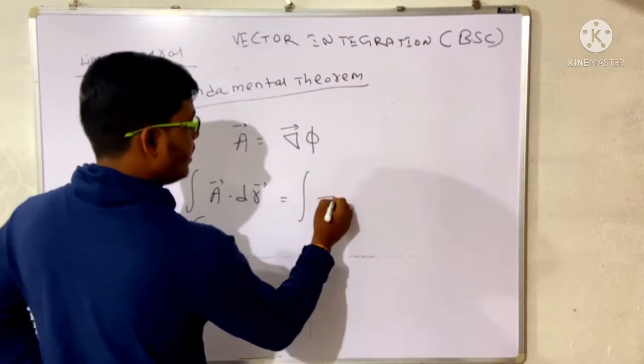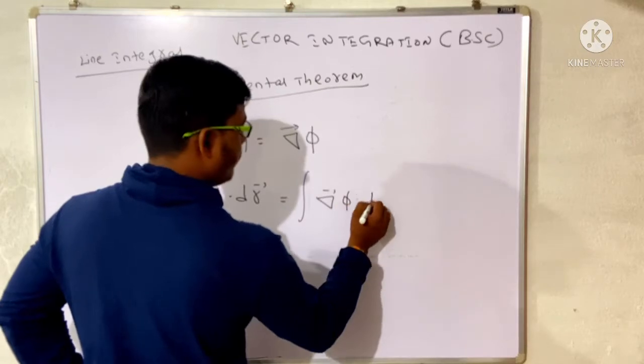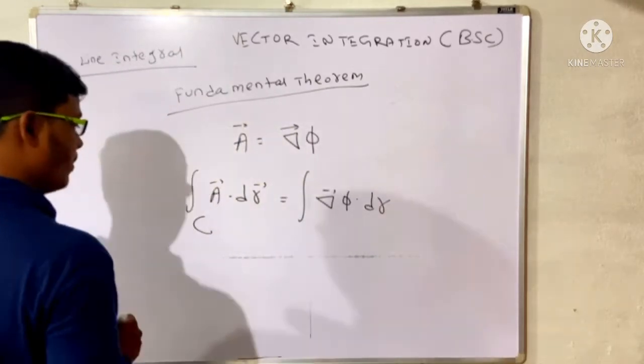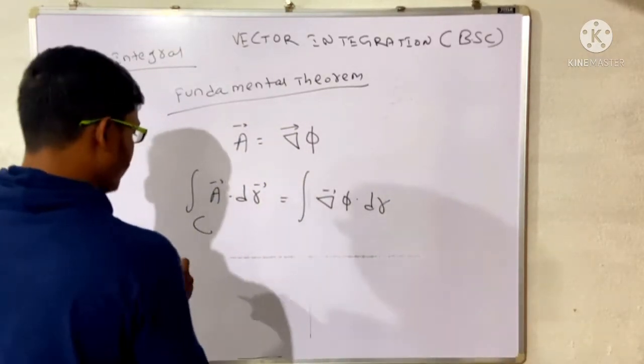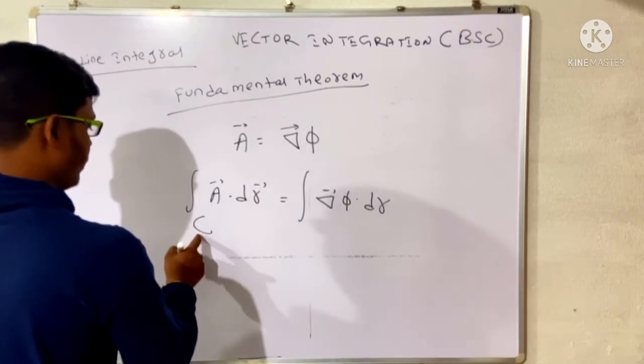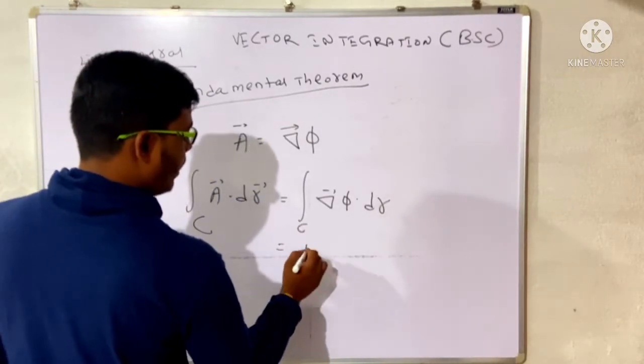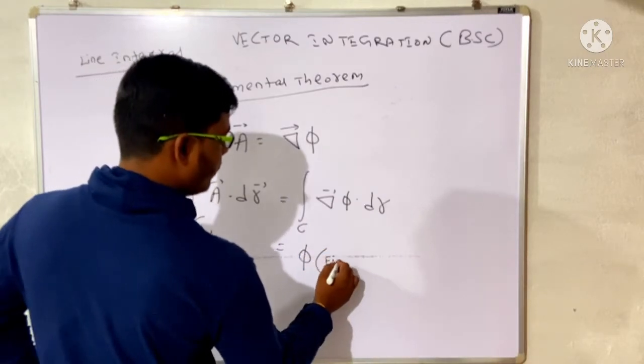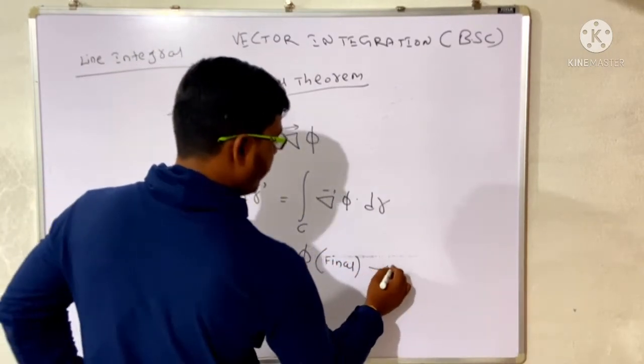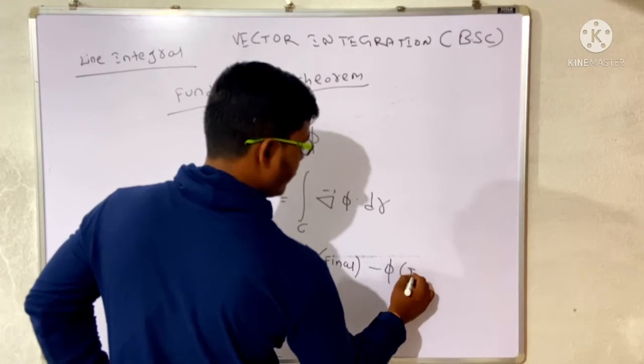So your A is del phi dot dr. So remember, for the path, you will find phi final minus phi initial.